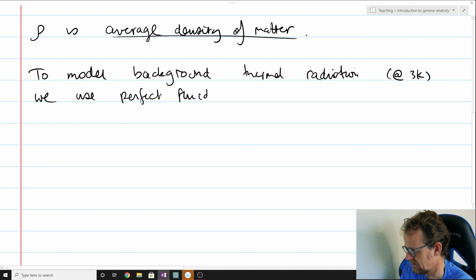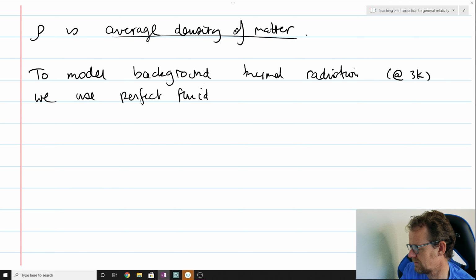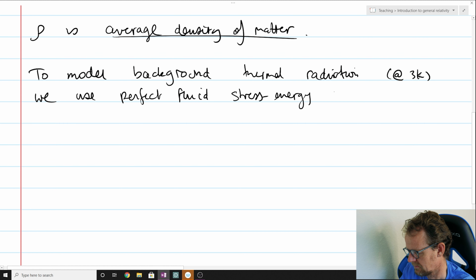It's a somewhat advanced exercise, involving a little bit of statistical physics, to argue that the thermal state of the electromagnetic field can be modeled with a perfect fluid stress energy tensor. I mean, there aren't so many options, right, in this situation of homogeneity and isotropy.